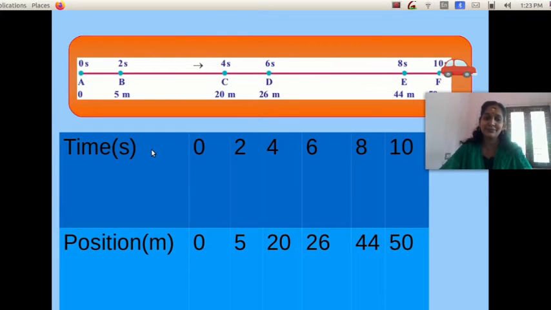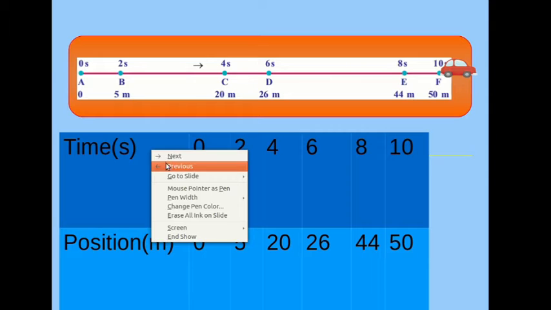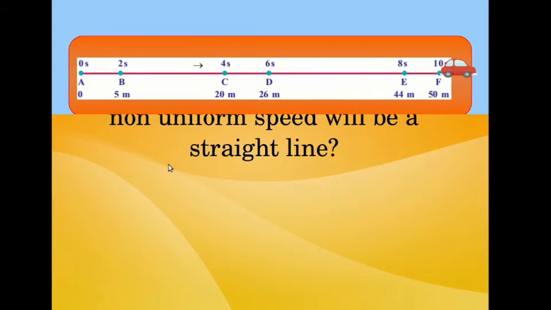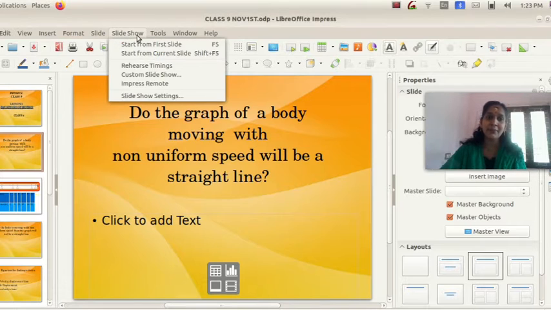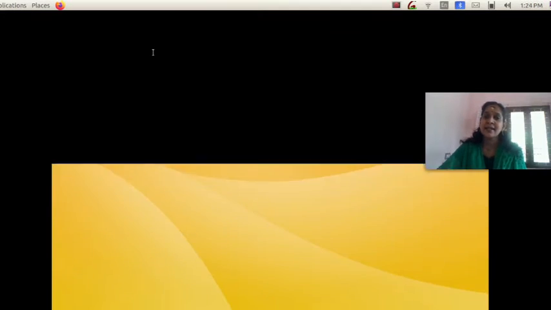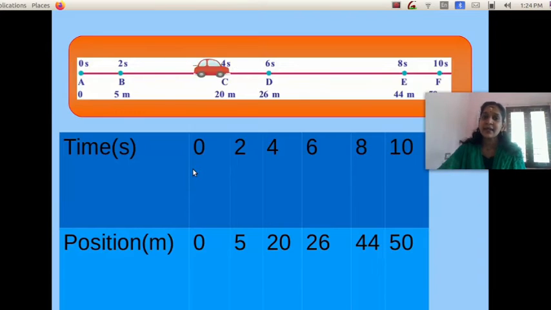We can look. For example, this car is traveling with non-uniform speed. At 0 second it will travel 0 meter.